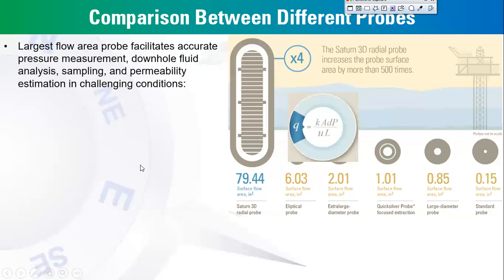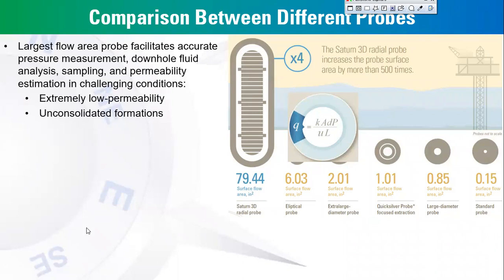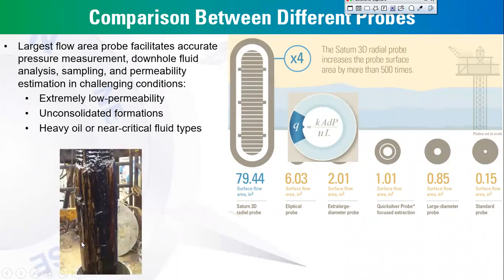The largest flow area will facilitate accurate measurements of bottom hole pressure, and we can collect bottom hole samples at low reservoir permeability or even at very high oil viscosity. Like this sample, we have a heavy oil reservoir, and we can collect the bottom hole sample.